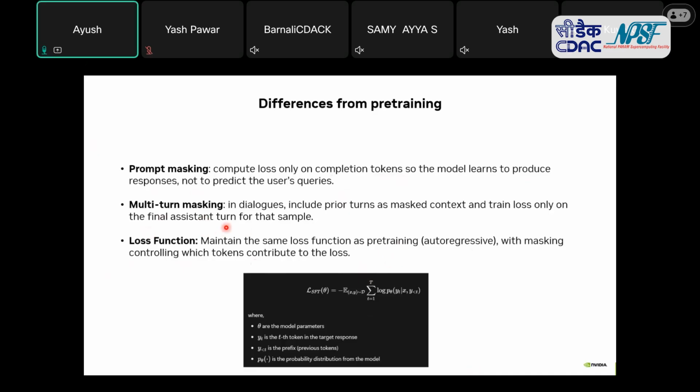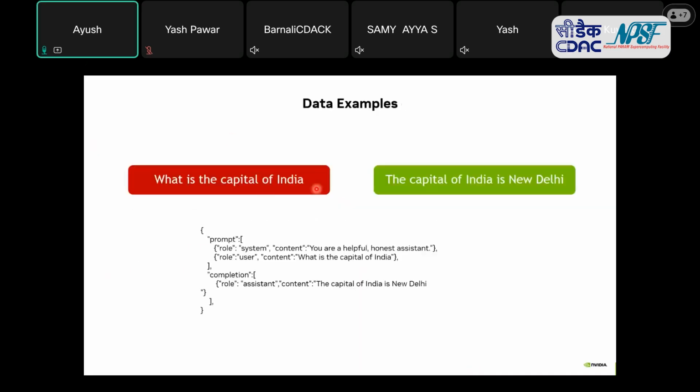Yeah, and for this particular data example, let's say the user asks a follow-up query. The capital of India is New Delhi, then the user asks what is the capital of, let's say, Rajasthan. These are kind of disjoint queries.